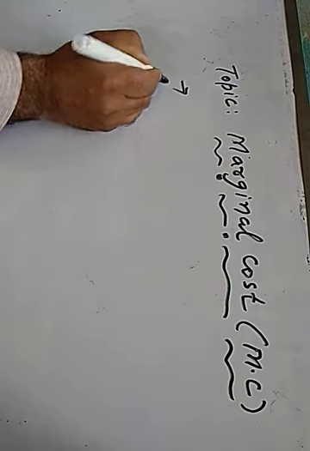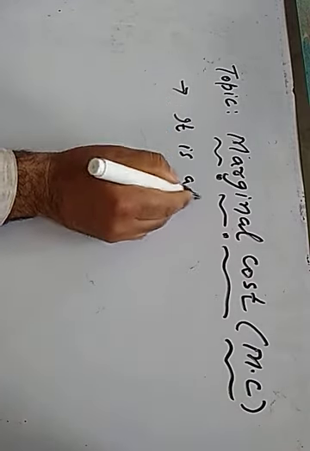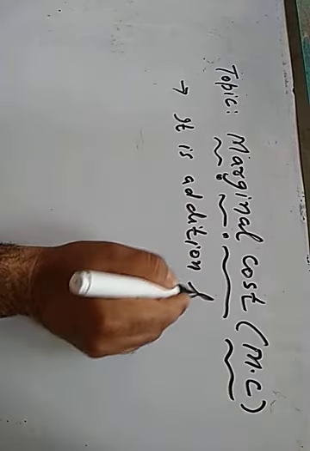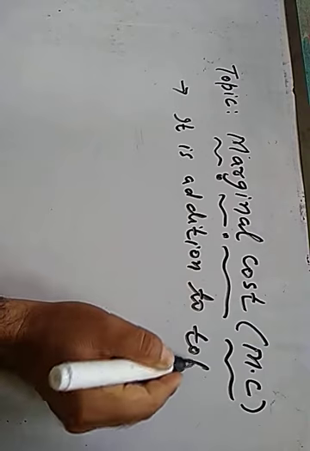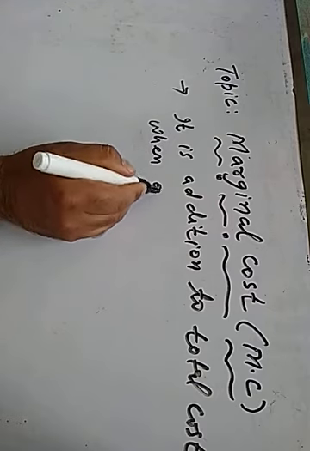Now first we will come to know about the meaning of marginal cost. इसकी जो डेफिनेशन है इन सिंपल वर्ड्स वो ये है, it is addition to total cost when one more unit of output is produced.